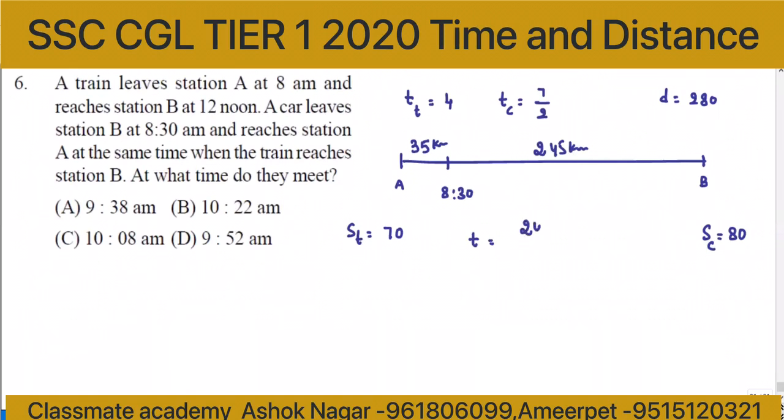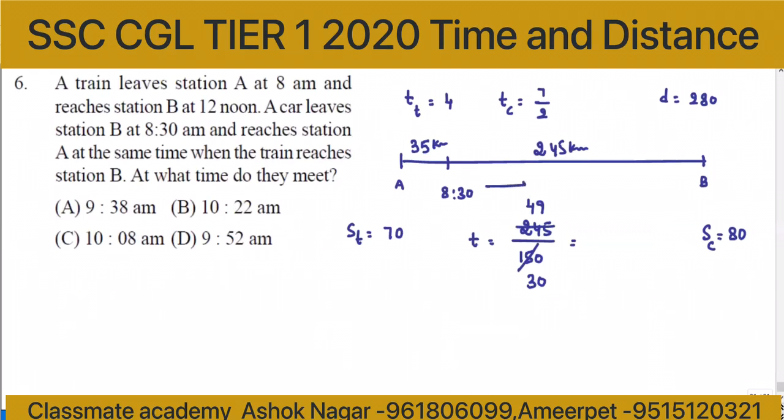The distance between them is 245, and the relative speed is 70 plus 80, 150. If you want, you can convert it into minutes, or else cancel it. 245 by 150 gives 49 by 30.